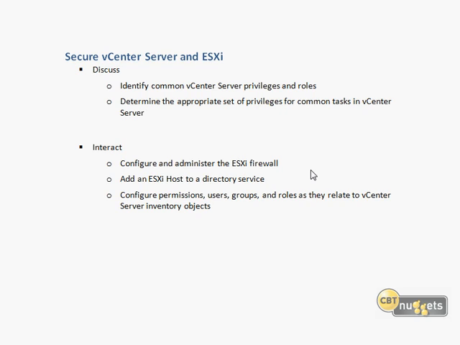If you remember, when we first added those hosts into our vCenter server, we created a root username and password. That was the mechanism by which the vCenter side could authenticate to the ESX side and do whatever it needs to do.